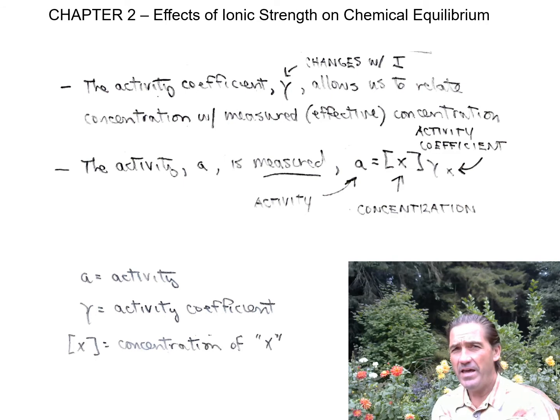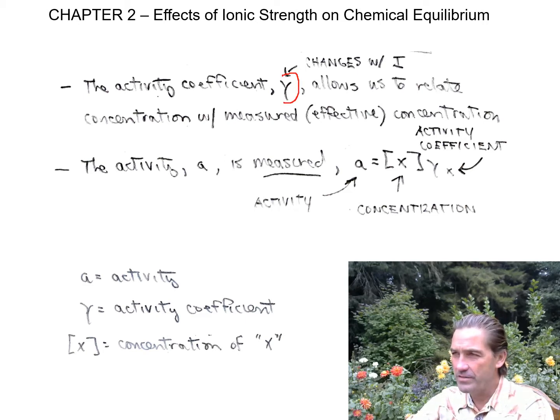So now we're going to take it a step further. So that's the first step, calculating the ionic strength. The second step is applying it to the equilibrium. And so let's take this step by step. What we can do with the ionic strength is we can look in tables and find activity coefficients.